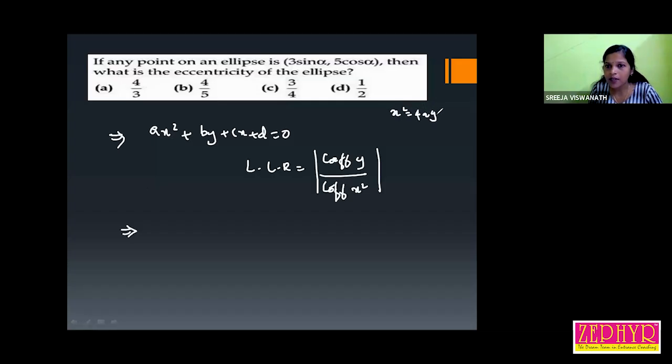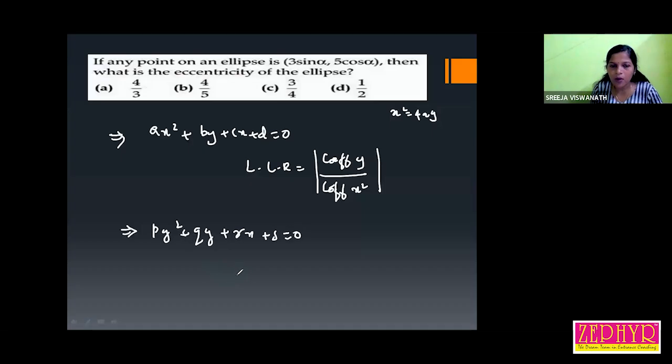Now the second type: py square plus qy plus rx plus s equal to 0.